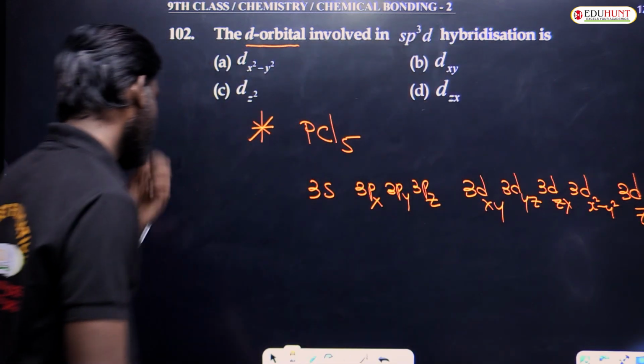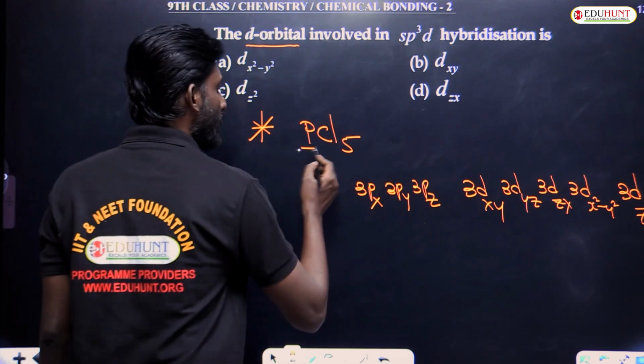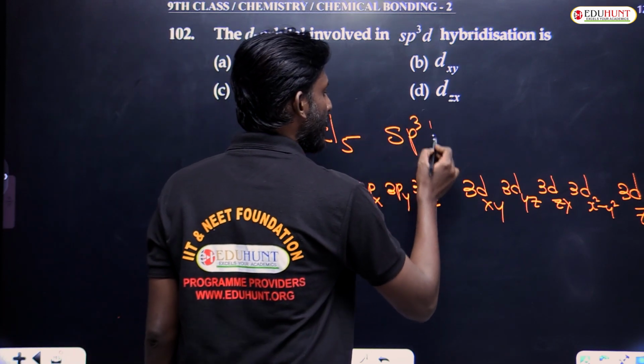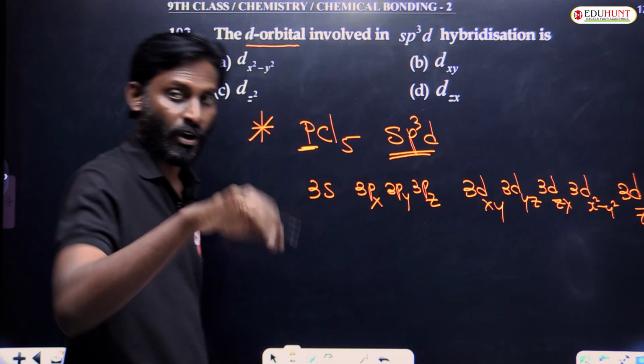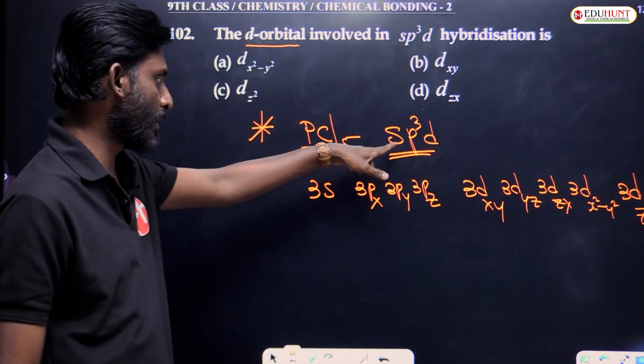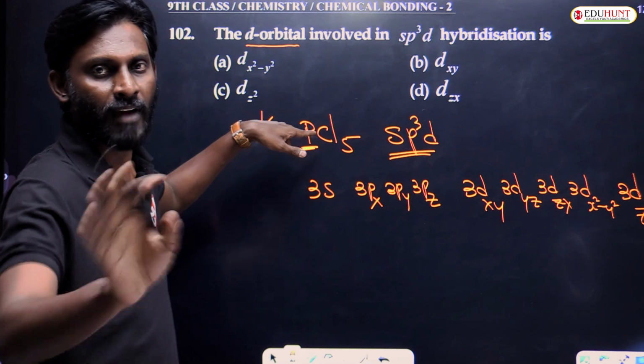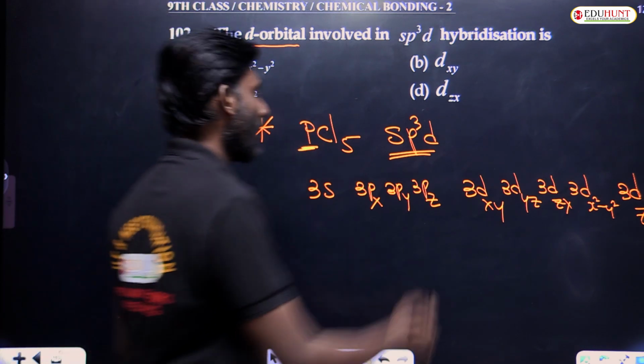The point is, if you determine the hybridization for this, it is going to be sp3d hybridization. You already know how to determine this hybridization. Go by the formula: S is equal to 1/2 times of valence electrons plus monovalent atoms. Okay, I'll do it.